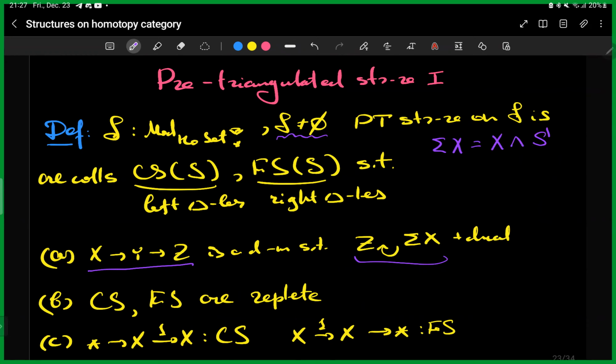So it's still just a smash with S1, and similarly, omega is defined as a hom from S1 to X.